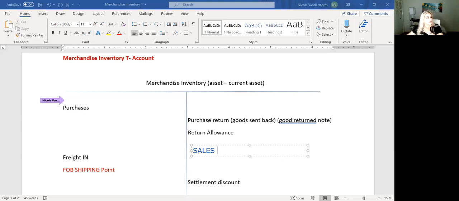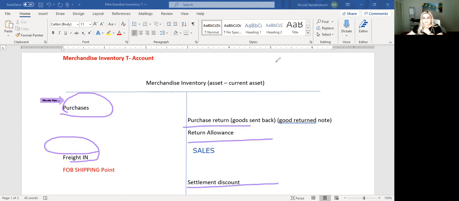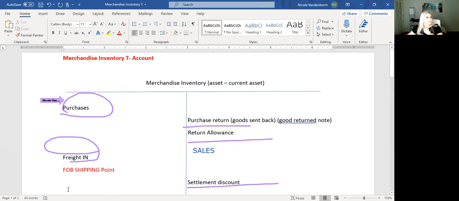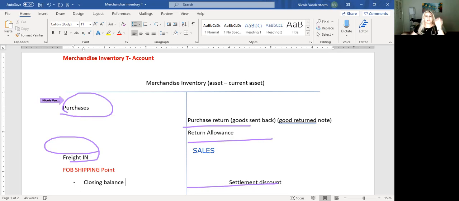So if we look at our cost of sales, it consists of opening stock plus purchases plus freight in minus returns minus allowances minus settlement discount. Okay? And then it's also going to be minus your closing balance, which I already showed you earlier on. So let's just say minus closing balance over here. Right, so do you see how these all tie in?